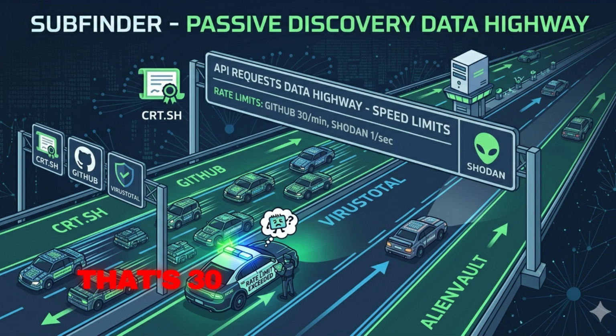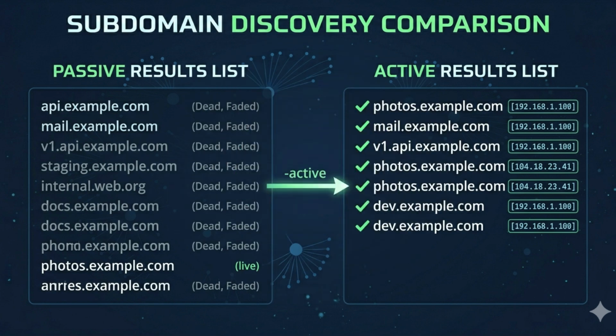That's 30 requests per minute for GitHub, 1 per second for the other. The default config is already saved, but when you add your own API keys, adjust these to match your plan. Respect the sources, and they will keep giving data.